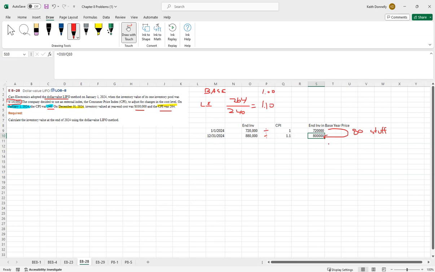Next, we're going to have the ending inventory in base year. Let me copy these two down. We'll just carry these numbers down. I don't know why that's not copying, do an equal sign, that's good enough.